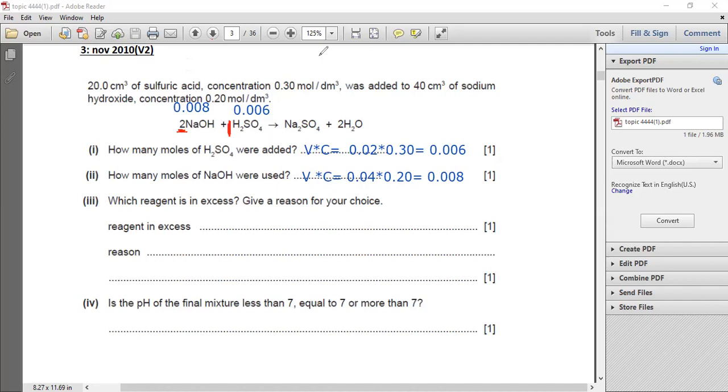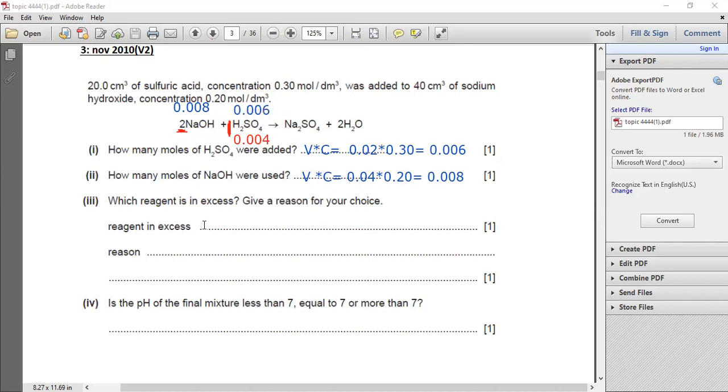So H2SO4 is supposed to be half of NaOH, I mean 0.004. Check: is it 0.004, or more or less? More. According to the mole-mole ratio, H2SO4 is supposed to be 0.004, but actually it's 0.006. It's more, it's in excess.